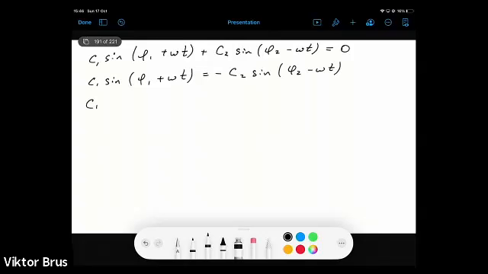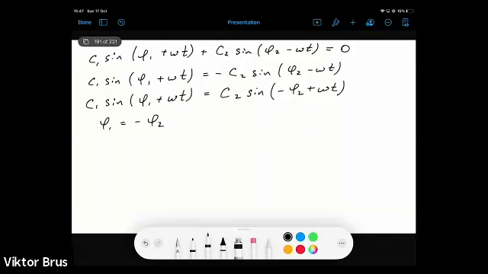Then we can write C1 times sine(φ1 + ωt) is equal to C2 times sine(−φ2 + ωt). And we see from here that left and right side will be equal only when we have φ1 equal to minus φ2.